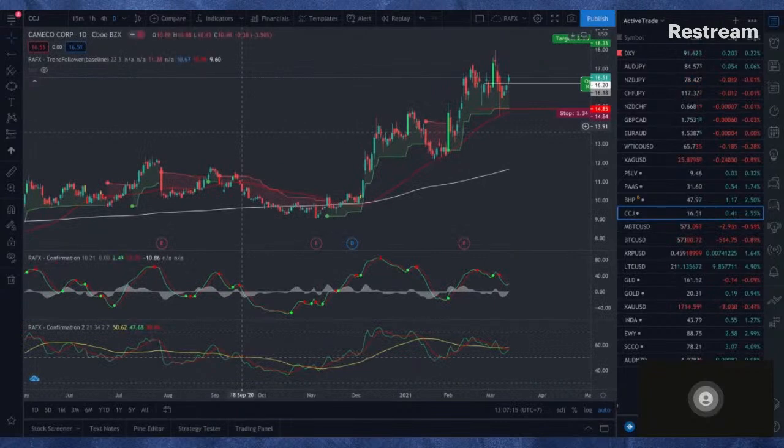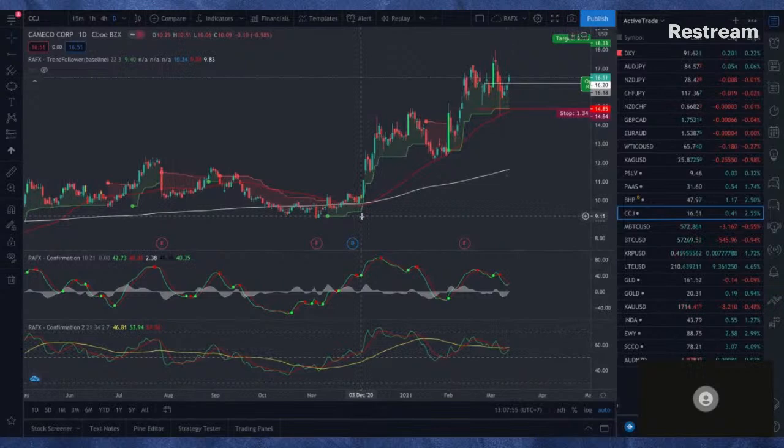So next is CCJ. So CCJ is also a uranium, and since it is uranium, I am planning to stay invested in it. And checking on the chart, it is still an uptrend, because the price is above the two major baselines, and the buy stop is still good, and these two here are still good because this level is still in the buy zone, and this one here is still in the buy zone as well.